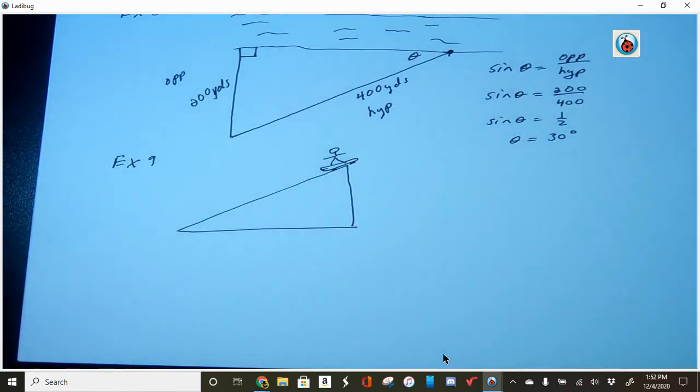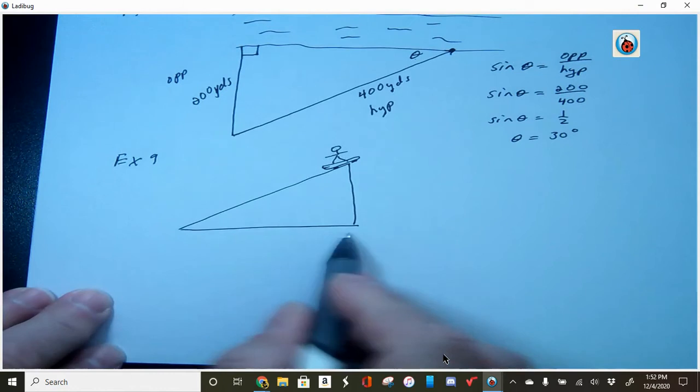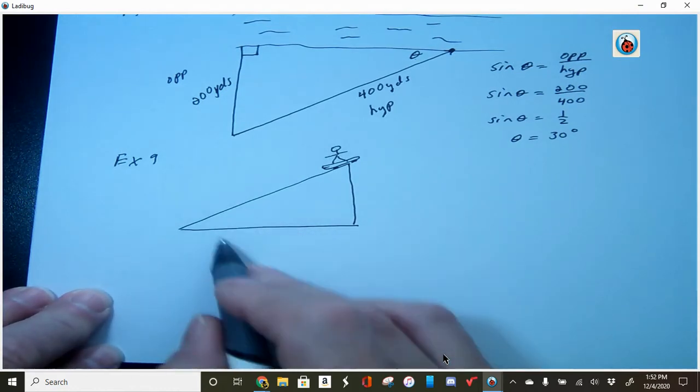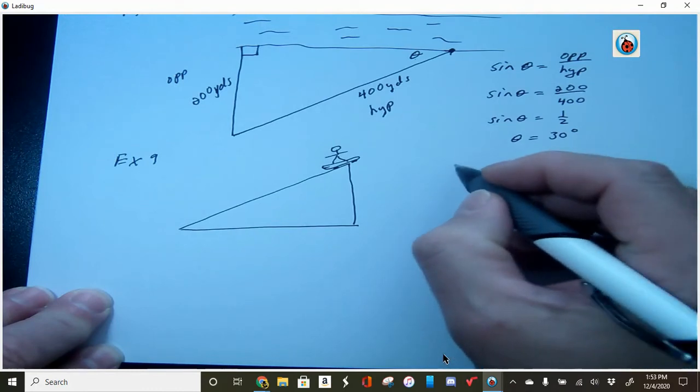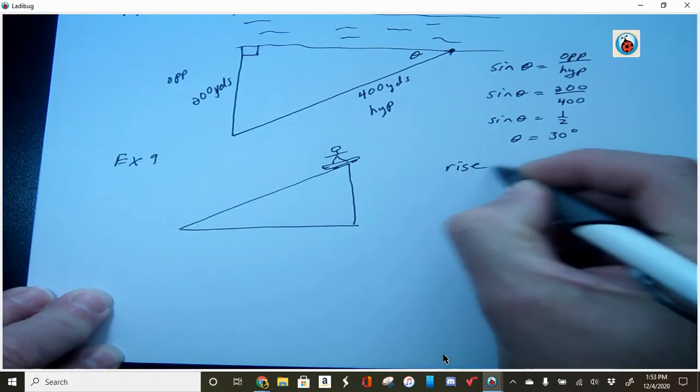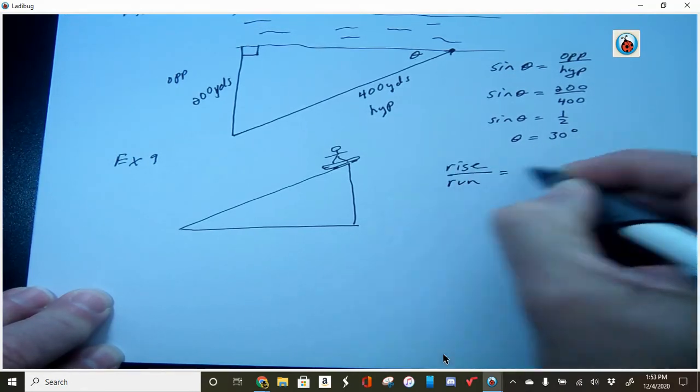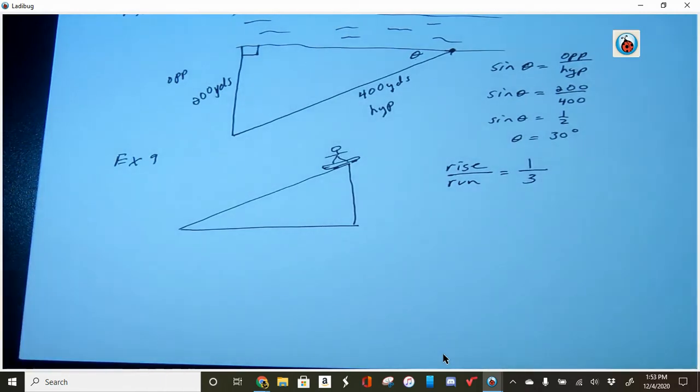Now let me repeat this really important piece of information. A skateboard ramp requires a rise of 1 foot for each 3 feet of horizontal length. This is your horizontal length. We need a rise of 1 foot for every 3. All right, that sounds a lot like a slope, doesn't it? Okay, rise over run is equal to 1 over 3.